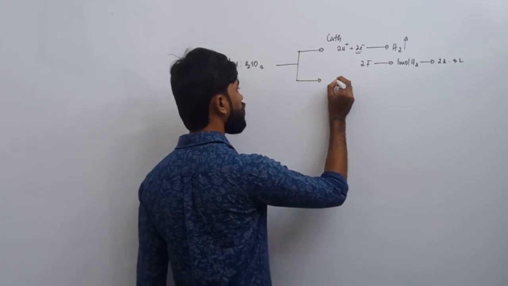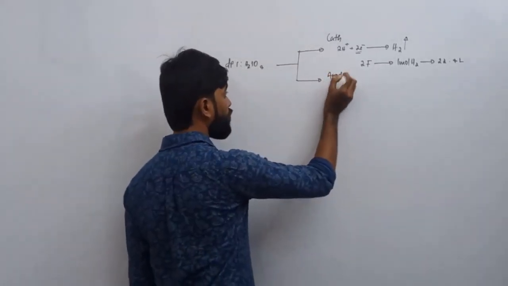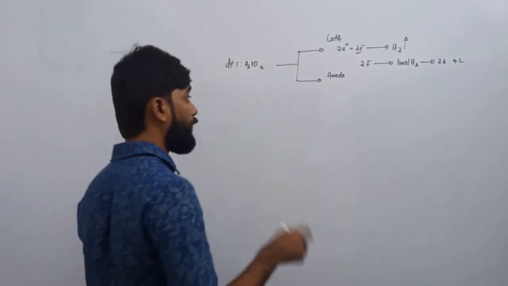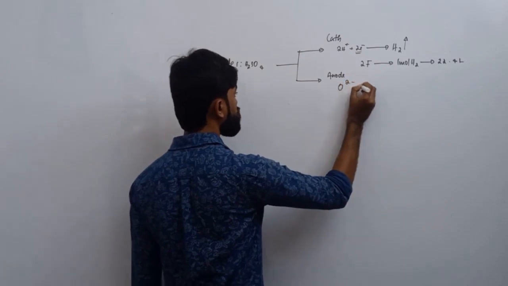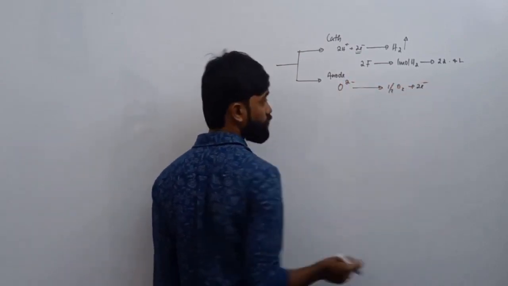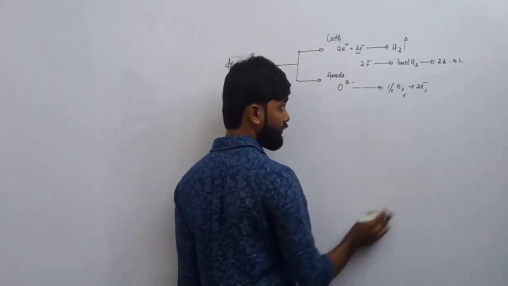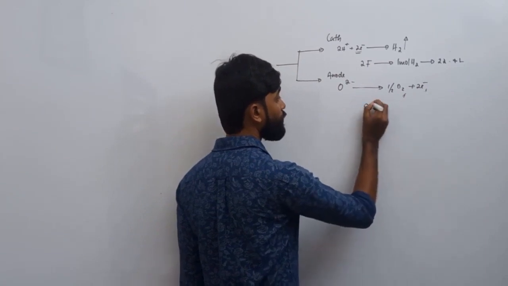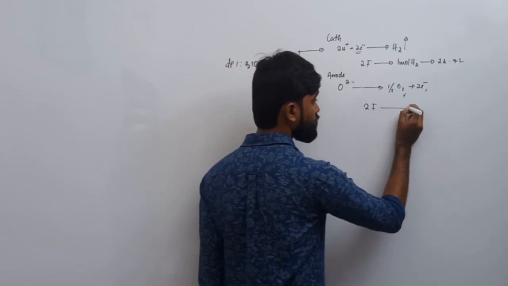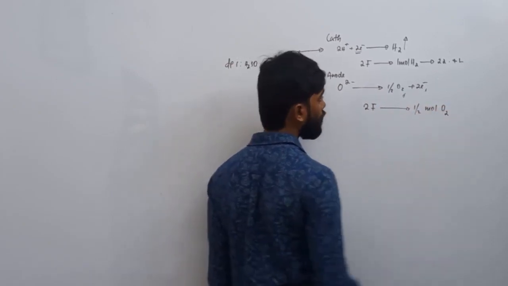What about the reaction at the anode? Since we know the concept of products of electrolysis, we know that at the anode, oxygen will be oxidized. So O2- becomes half O2 by the liberation of 2 electrons. If 2 faradays are applied, half O2, which means half mole of O2, is liberated.